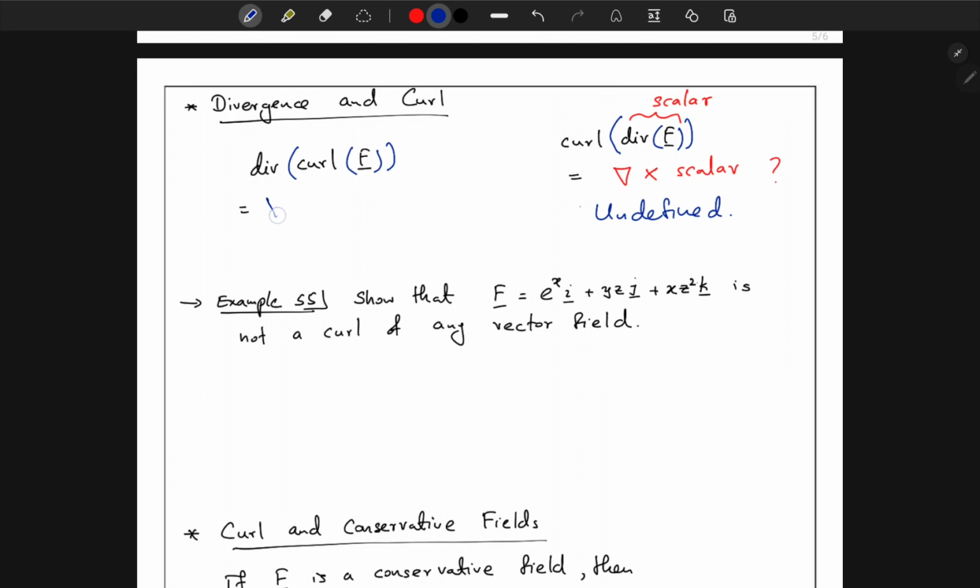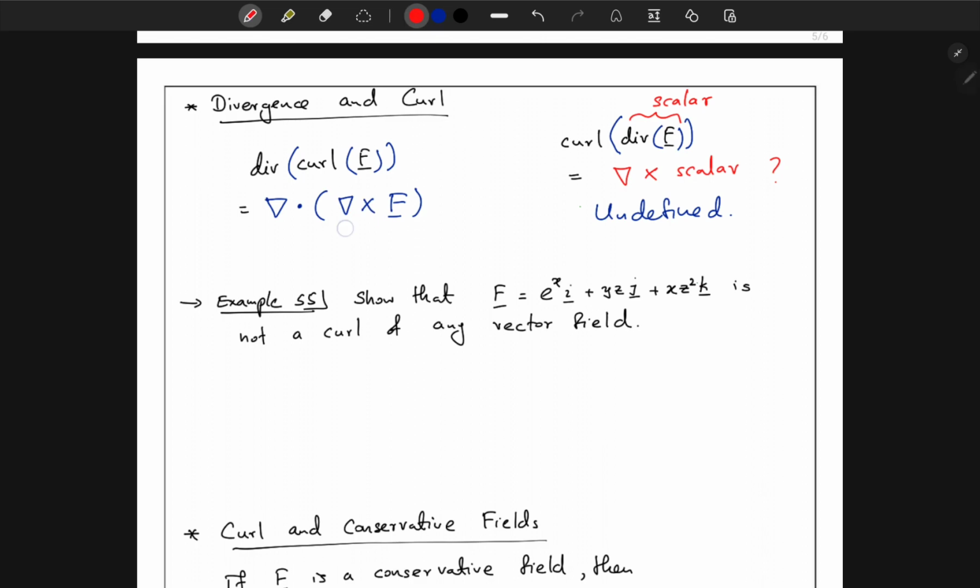So divergence is the dot product and curl is the cross product, right? Now when you take the cross product, you get a vector perpendicular to both vectors.